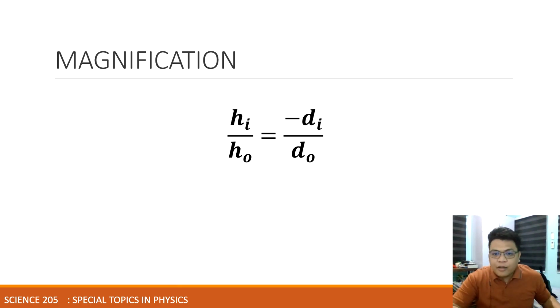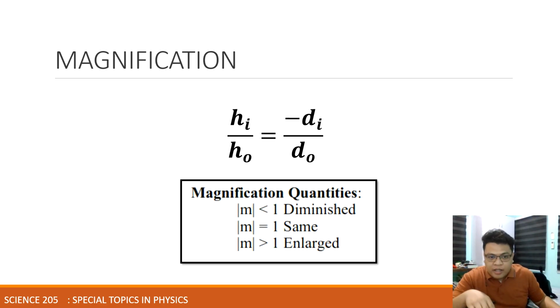So here is another formula that we can use in computing whether HI or HO or the DI or DO are missing. When we say magnification, we're pertaining to whether it's larger or smaller. So we have here a quantity. If our given answer is less than 1, it is diminished, or lumiit.